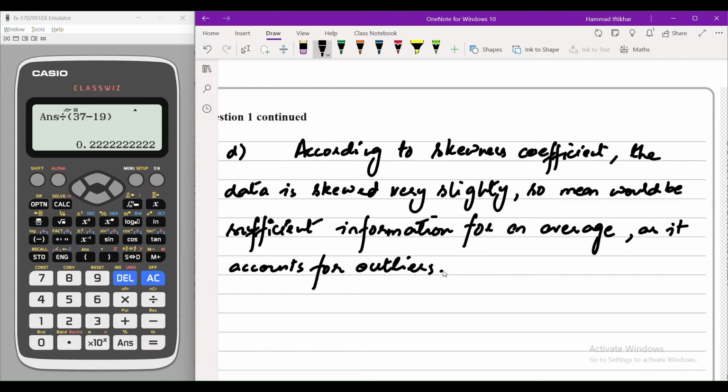Okay, so mean accounts for outliers, but median does not. So for an employer, that could be potentially important. All right, okay. So moving on.